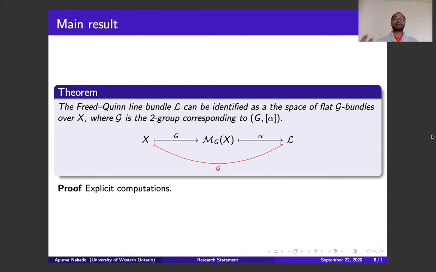They show up naturally in Chern-Simons. The way we prove this is by explicit constructions. We find the transition functions of L using the first direction, the black direction, and then using the second direction, and show that both transition functions agree. So that is our first main result, and it's a lot of fun calculations.